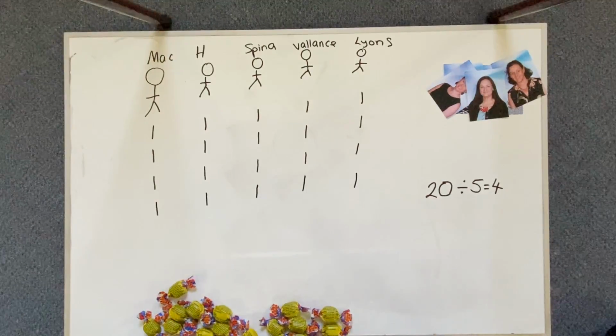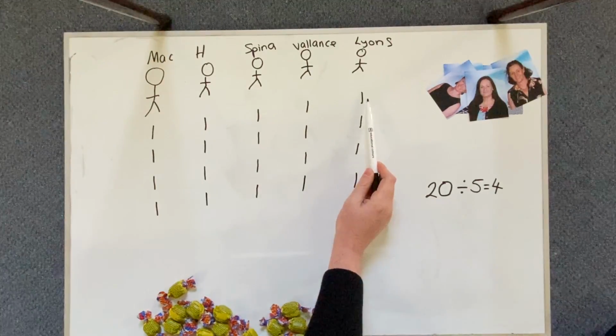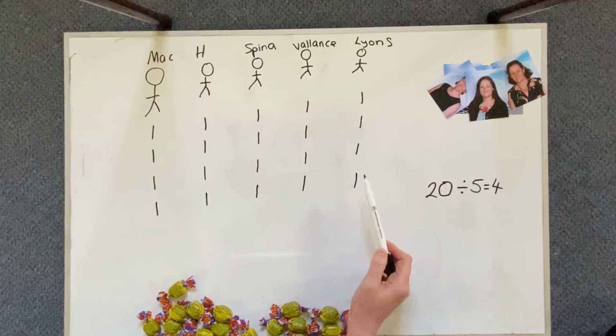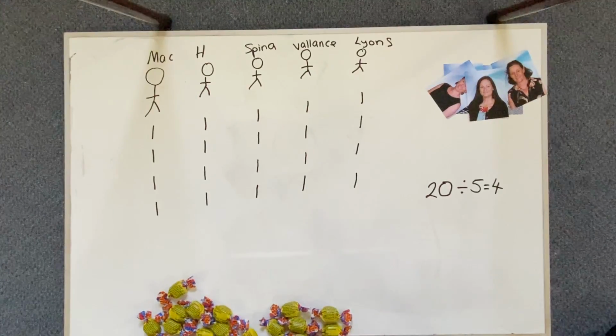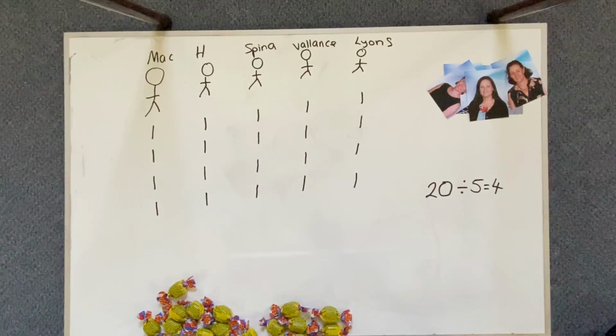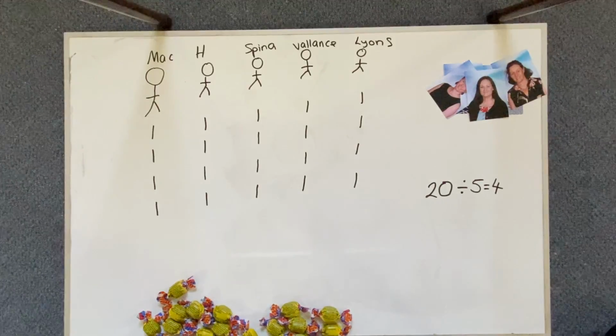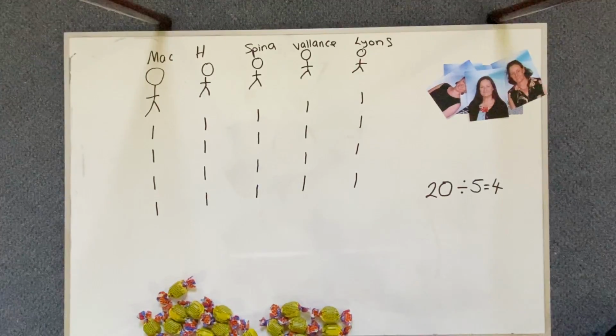And then there I can see again, each person gets 4. 1, 2, 3, 4. So that's how I could draw my problem if I didn't have any objects to use.